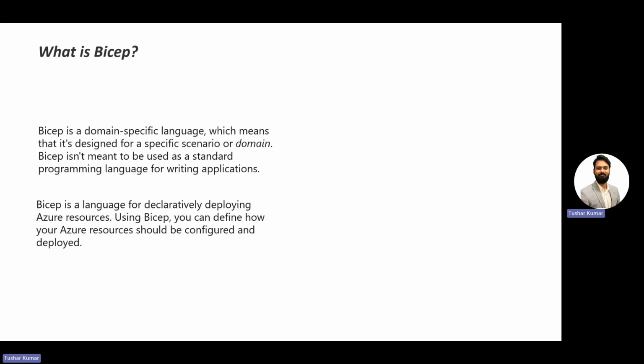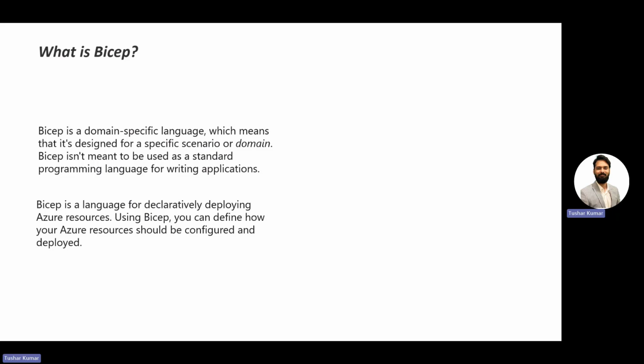The reason why we looked at the differences between declarative and imperative is because Bicep is a declarative language. When we say declarative, you are telling what target you are expecting. It's more of an outcome that you are defining, not the steps of how to reach that outcome.